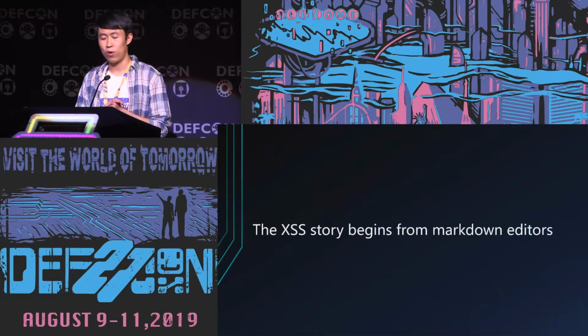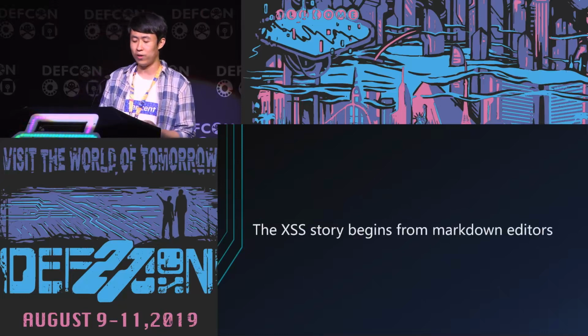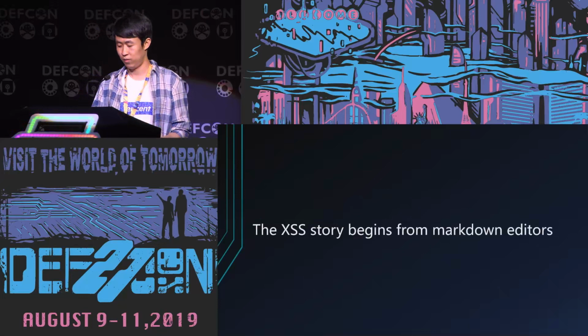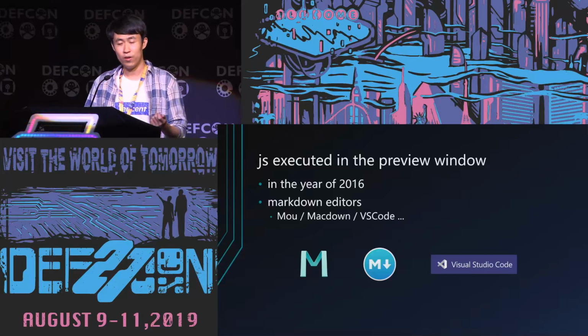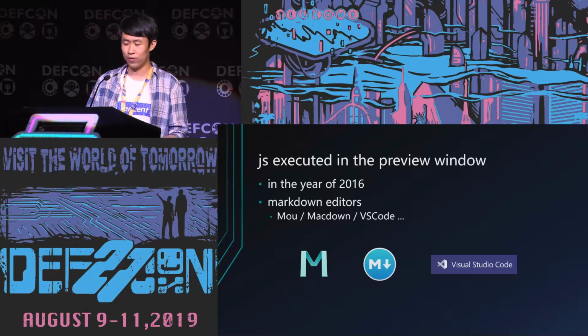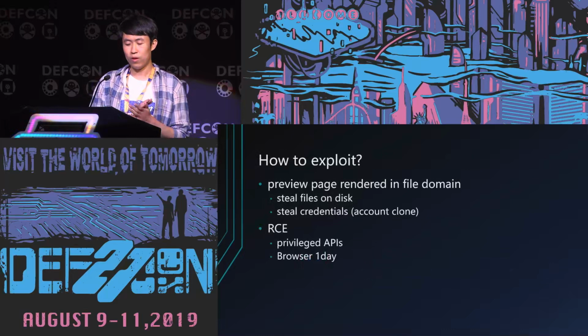The cross-site scripting story begins with Markdown editors. In 2016, we found many Markdown editors just render the JavaScript in the preview window, such as Mou, Markdown, or even WebCode.